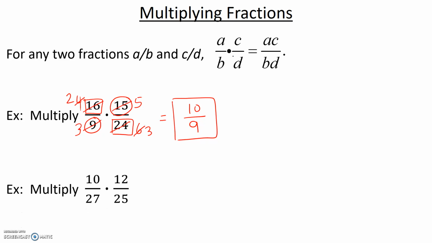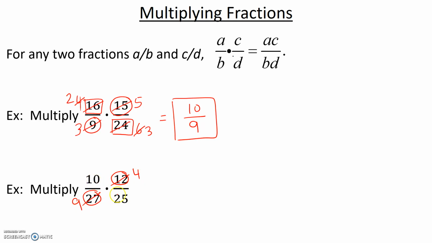Let's see another example. Let's multiply 10 over 27 by 12 over 25. So once again, we can take anything from the numerator and reduce it with anything from the denominator. So for example, let's take 12 and 27. 3 goes into 12 4 times, and 3 goes into 27 9 times. 4 and 9 are called relatively prime, which means there's no number that can divide both 4 and 9, besides 1.